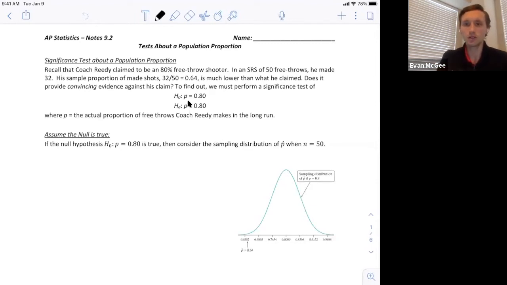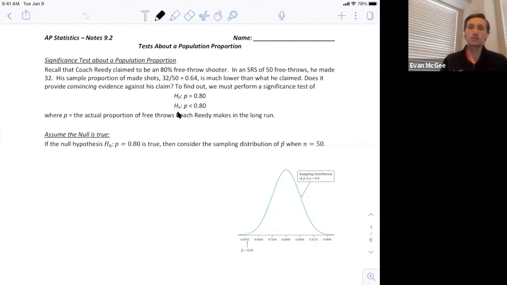So we have to assume that he is an 80% free throw shooter until we have evidence showing that he's not. So in order to prove that he is not an 80% free throw shooter, we have to assume he is an 80% free throw shooter and show that his sample would rarely occur by chance if he actually was an 80% free throw shooter.